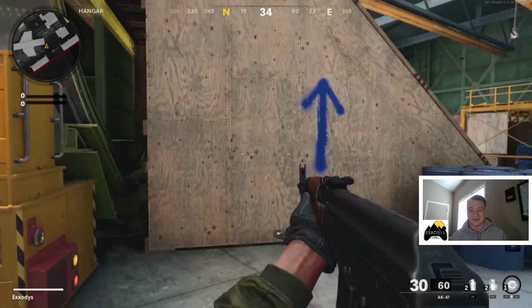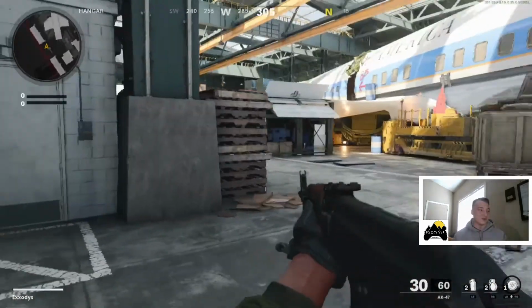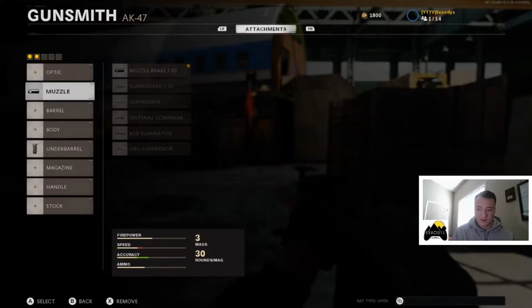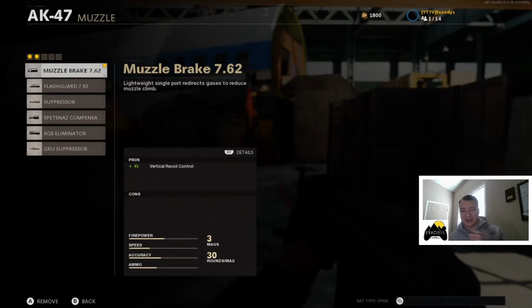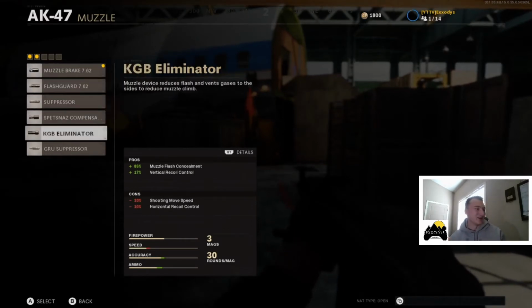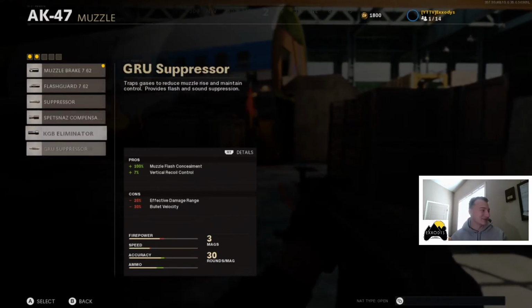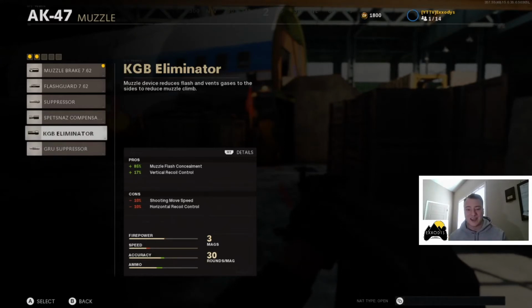So we're going to add some attachments and control that horizontal recoil. The only two attachments we added are the muzzle brake, because it adds 4% recoil control on the vertical, but it doesn't hurt the horizontal. I don't like these attachments that much. It depends on the gun. For example, like the XM4, or something that just shoots straight up, I'm fine with using these attachments because it's a percentage, so it has almost zero horizontal recoil.